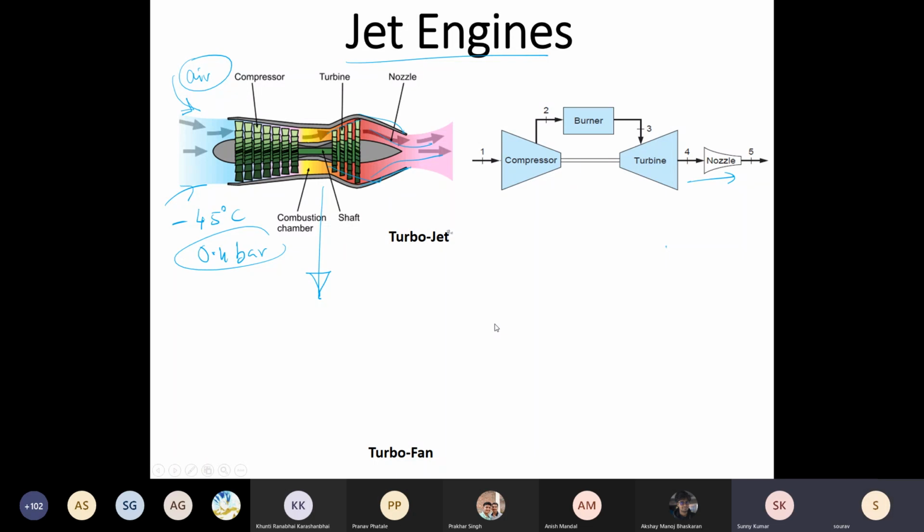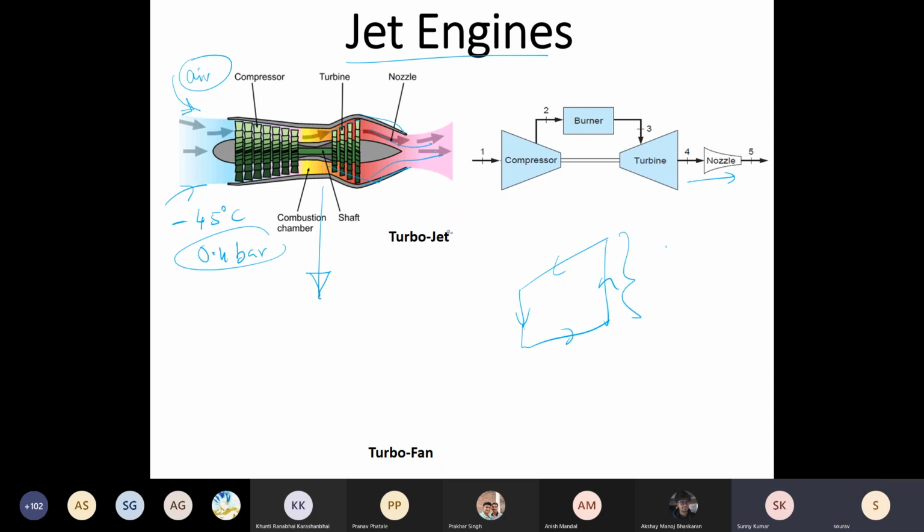Now, since we are compressing the air and then burning fuel into it, even in the case of a reverse Brayton cycle, when I have to run my refrigeration cycle, I still need a compressor.